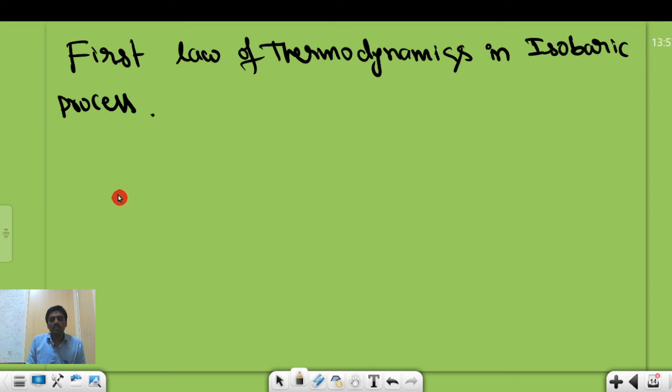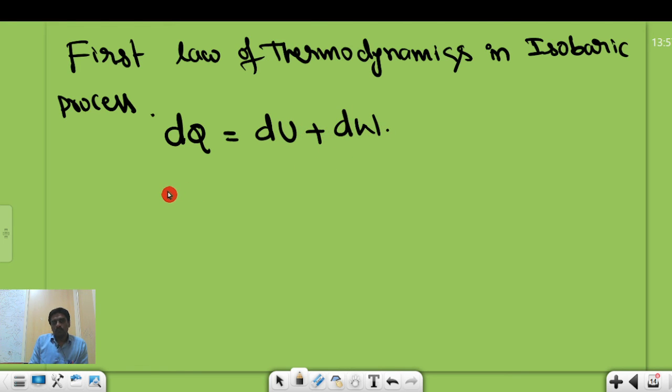Let me write the first law of thermodynamics. What is the first law of thermodynamics? The amount of heat supplied to the system is equal to the change in internal energy plus the external work done, dQ equals dU plus dW. So we are recalling our formula once again.